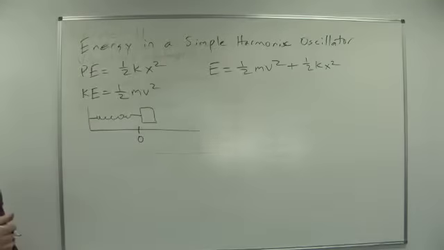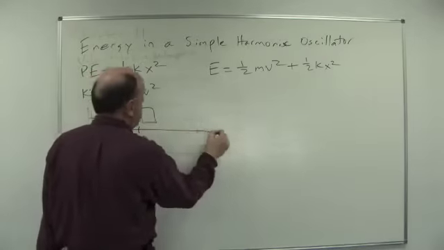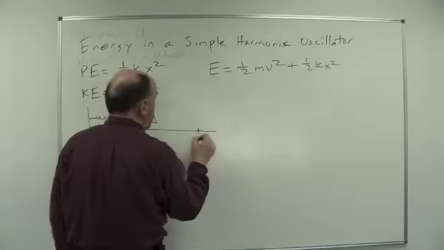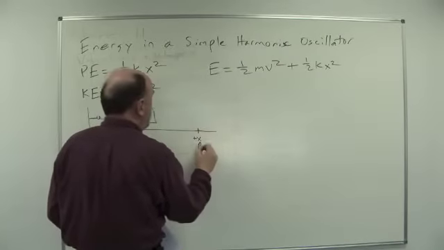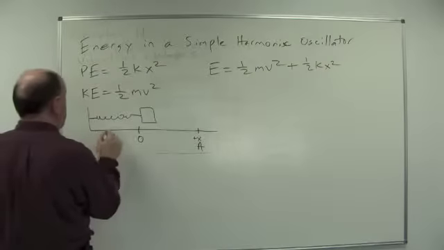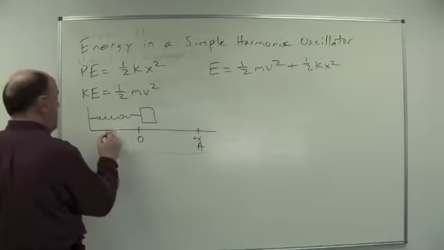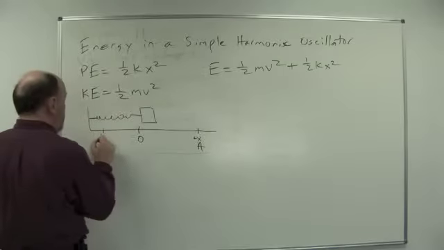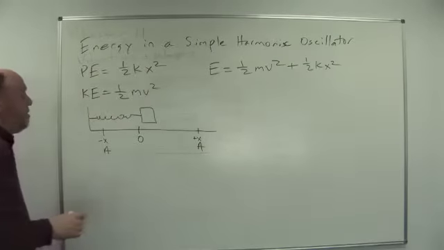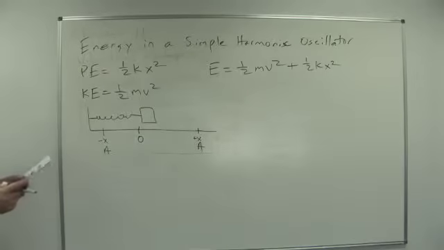We could also have where we stretch it out and we get to the positive x, which will be equal to the amplitude of this. And then we can get to when it gets to its compressed position, and this would be negative x. And this would also be the amplitude. Right? And so we can look at what happens in terms of our system at these various places.